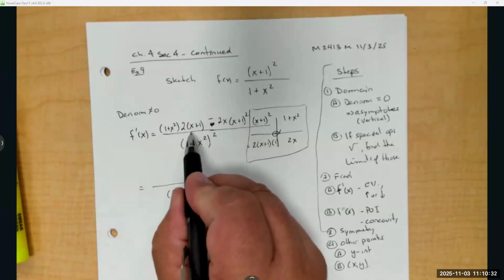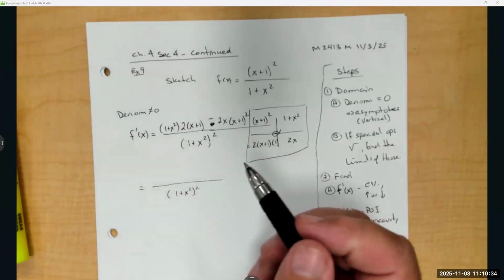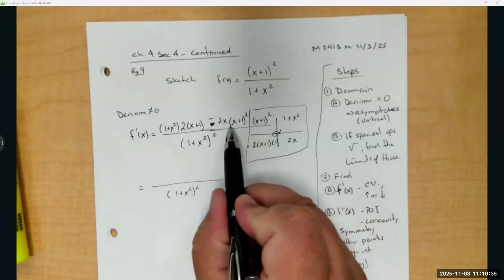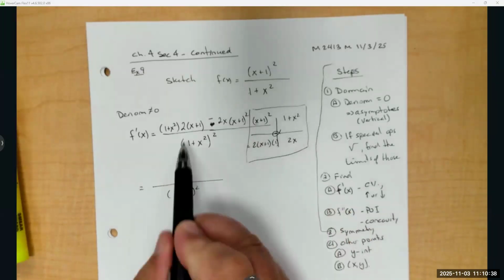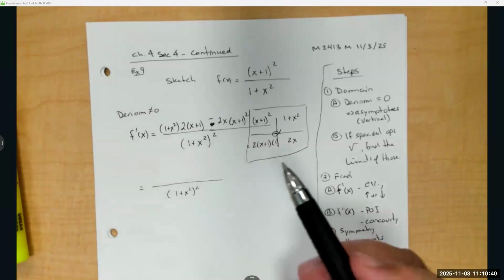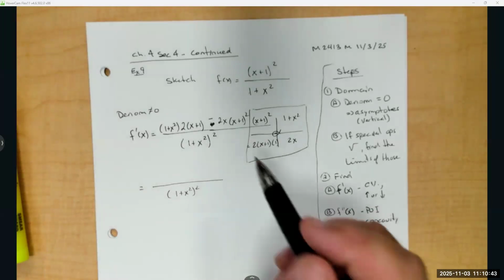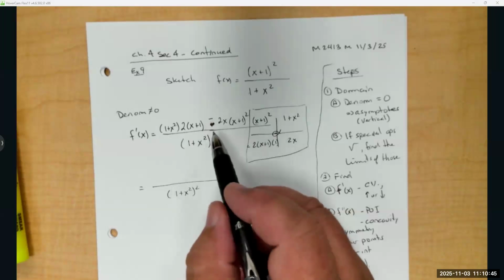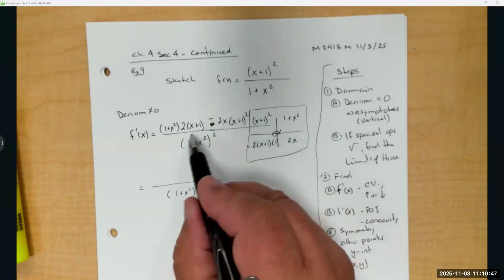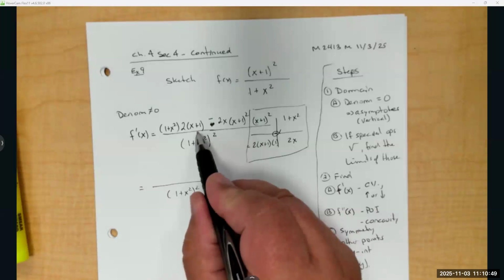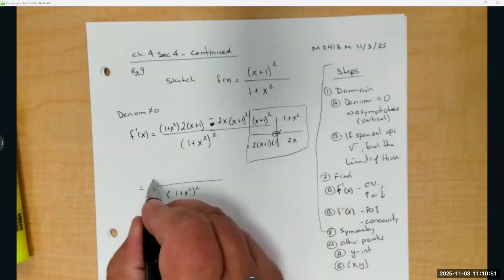Okay. So what do we have here? Can anything simplify? Well, we have 2 times x plus 1, we're going to factor that out.